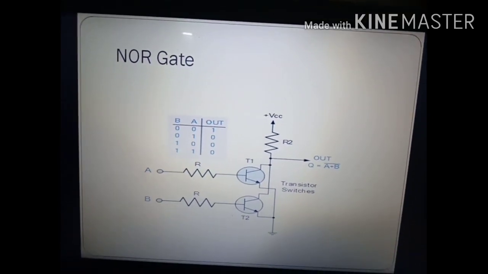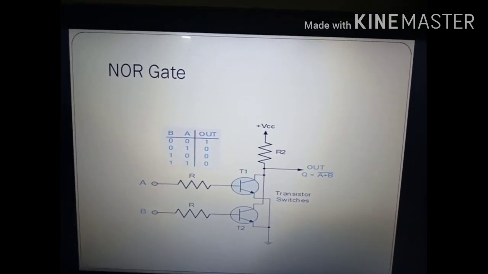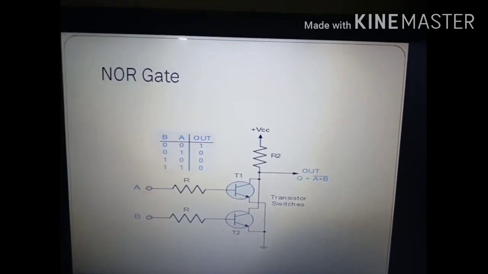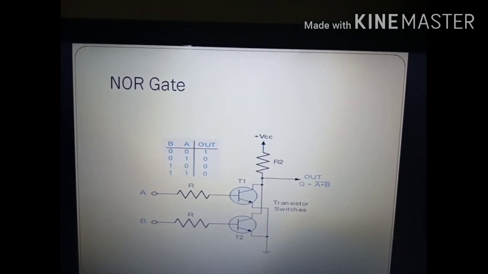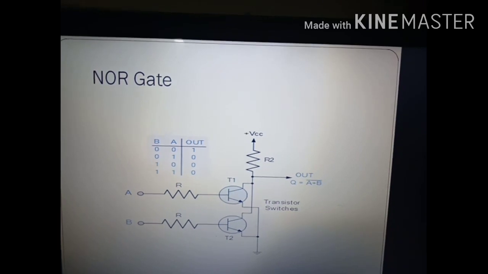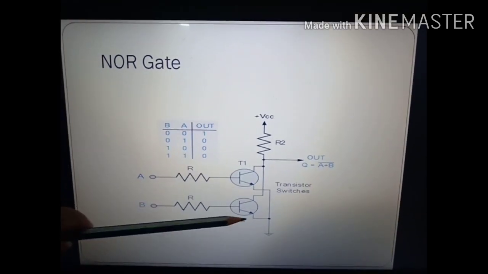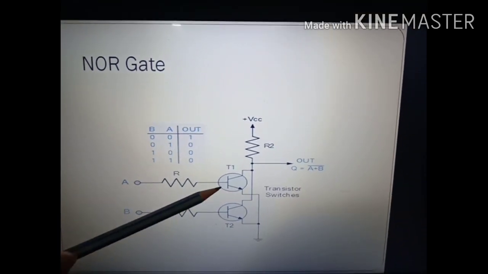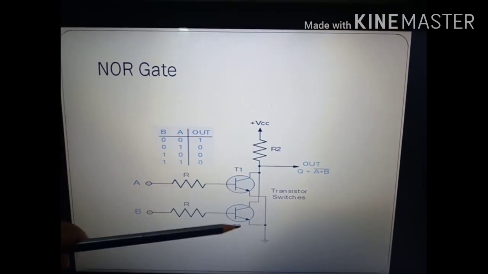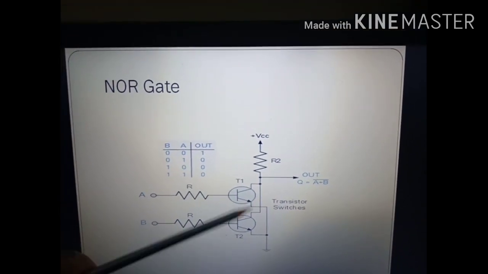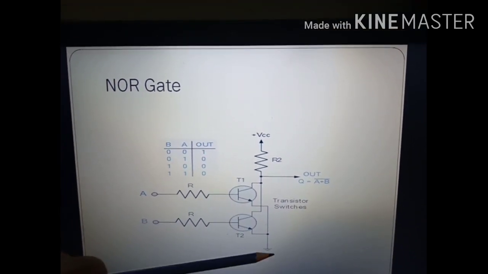So now when 1 1, that means both inputs of the NOR gate remain in high state, then what will happen? Both transistors will be in on state. That means current can pass through T1 and T2 both. Then what will happen?